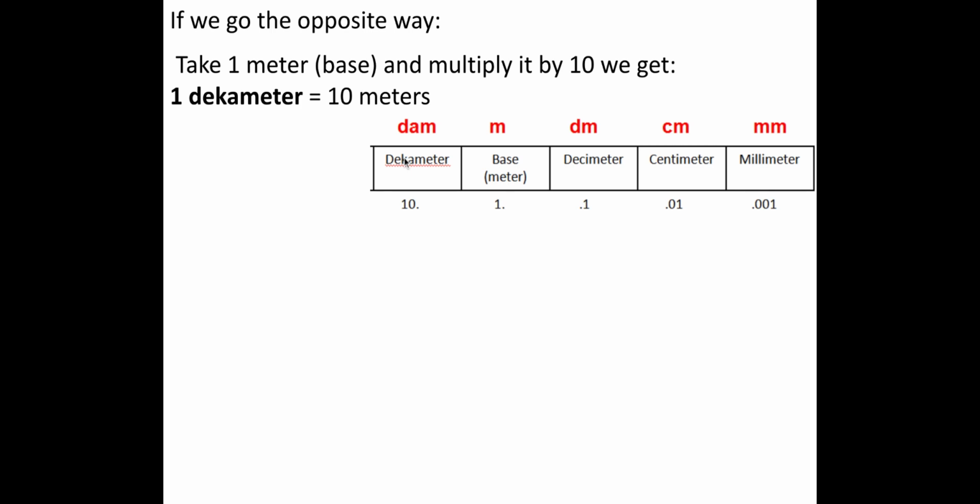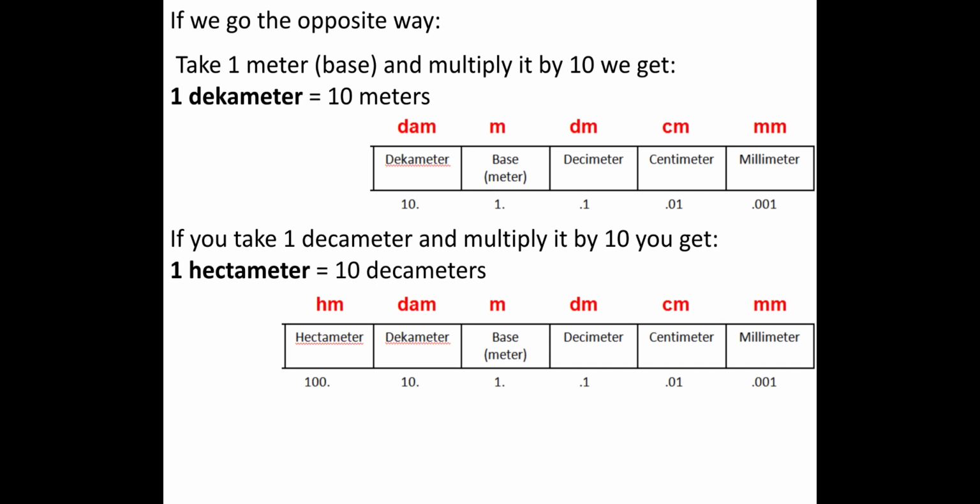So 1 dam is equal to 10 meters. And you have another one, which is a hectameter. 1 hectameter is equal to 100 meters, or is equal to 10 decameters.